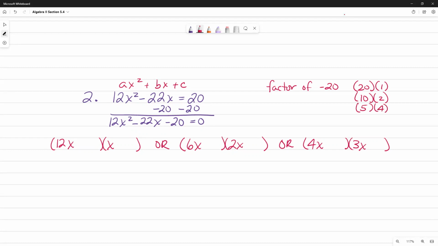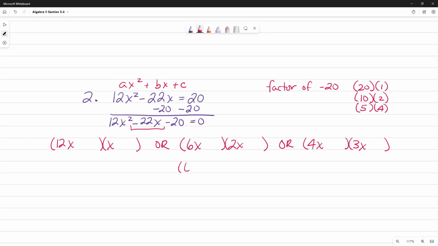Now, we need some collection of factors where, when I multiply like the 12 and the 1, or the 6 and 2 times the 20 times 1, or the 10 times 2, I get this b term, the negative 22. So I always, for whatever reason, like to start with my middle term.